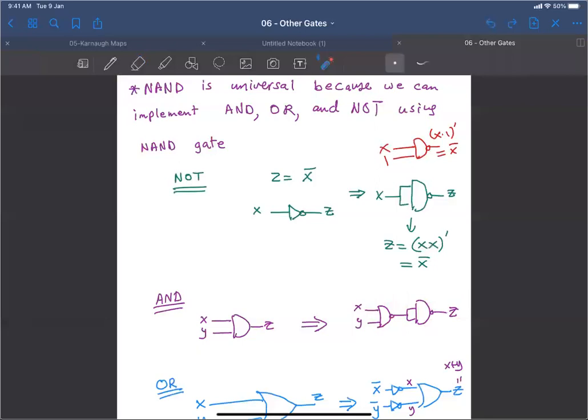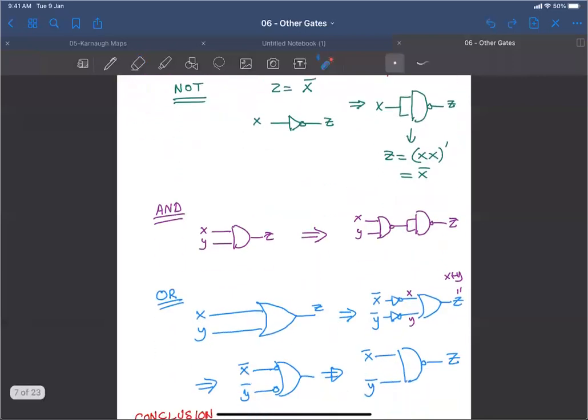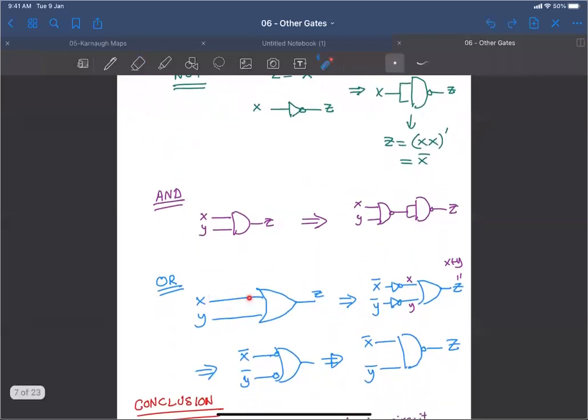For the OR, it's a little bit more involved, because we need to use De Morgan's law here. First of all, the OR gate is X ORed with Y, and this is Z. I'm going to do a series of transforms to convert it to NAND. The first transform is to insert inverters here.